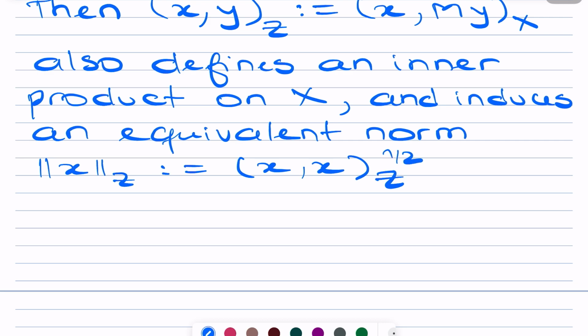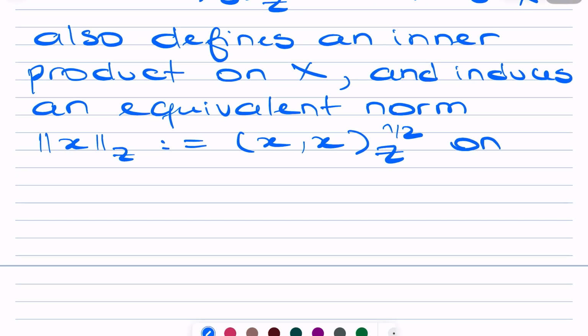And this defines an equivalent norm on X.